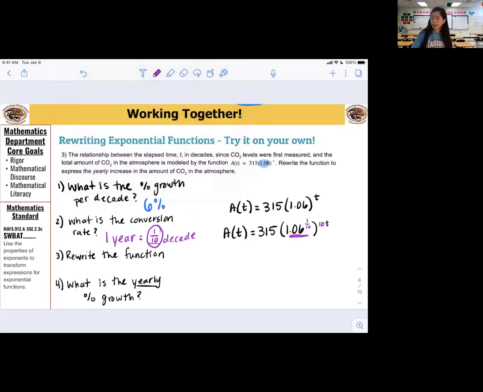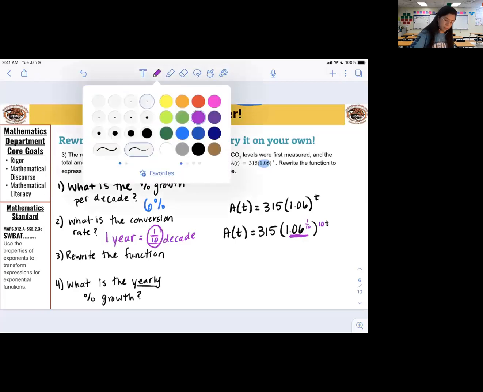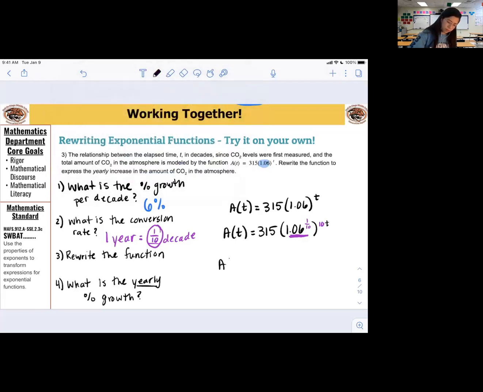If you didn't have this before, take 15, 20 seconds to put it into your calculator and see what you get. Then I'll go over it in 30 seconds.